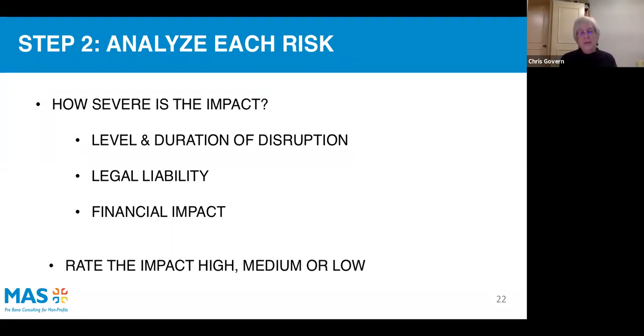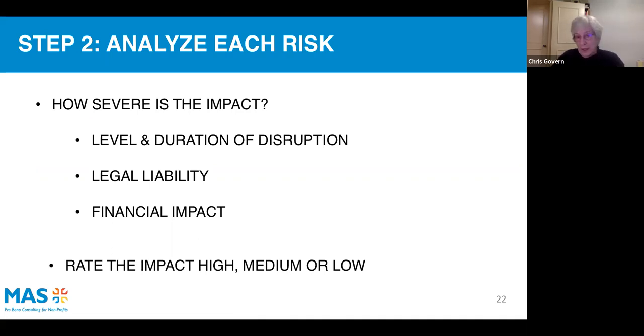But the things you would have to think about are what might be the level and duration of any disruption of your ability to serve clients, what might be the potential legal liability, what might be the financial impact. What would be the severity of the impact? And again, this could depend on what risk mitigation you currently have in place.